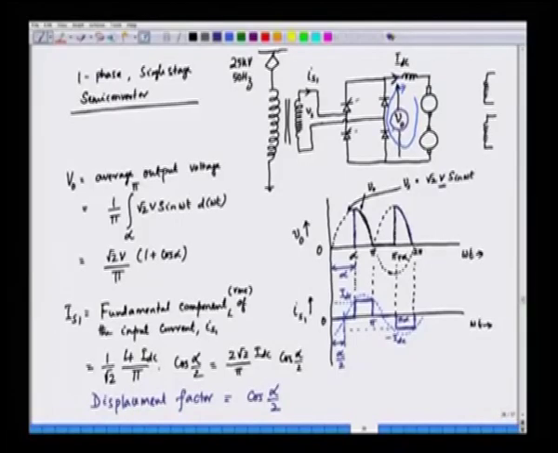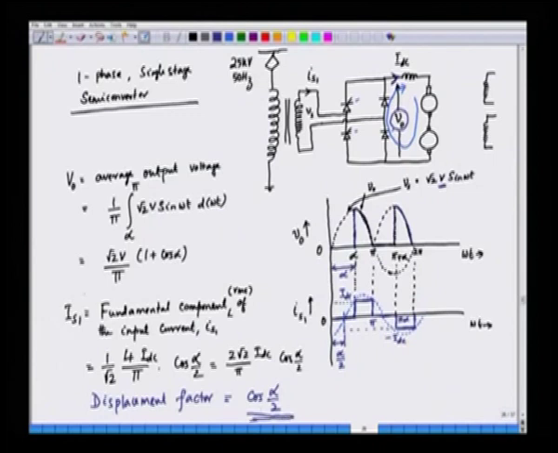The voltage here is Vs, which is sinusoidal in nature, varying like this, and the fundamental of this current lags behind the voltage by alpha by 2. Cos of alpha by 2 is the displacement factor that we discussed in the last lecture.